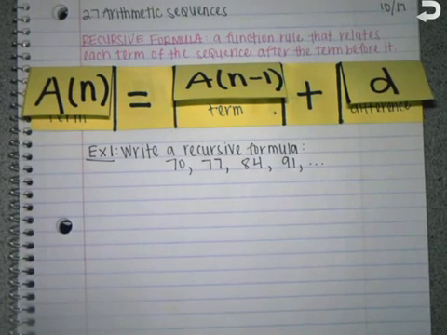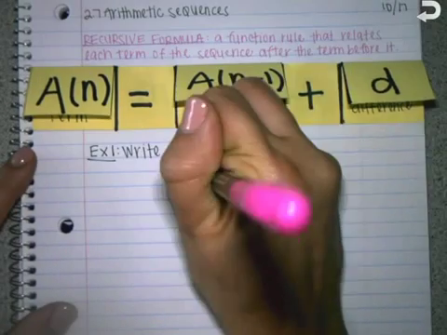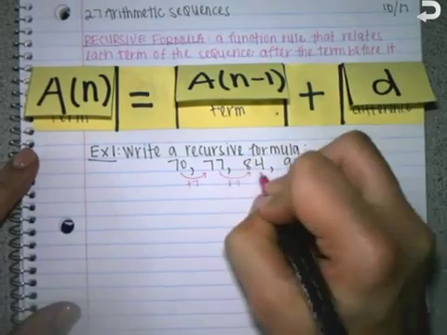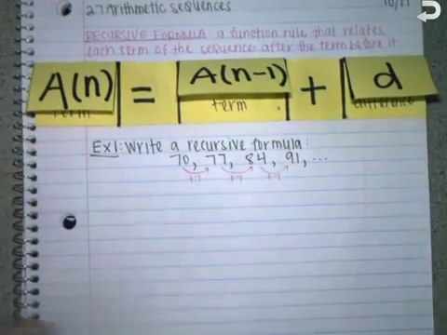Okay. So example 1, we're going to write a recursive formula for the sequence 70, 77, 84, 91. Before we even start, what number am I adding each time? 7. Plus 7, right? So I'm going to write that plus 7. I think the arrows help. Okay?